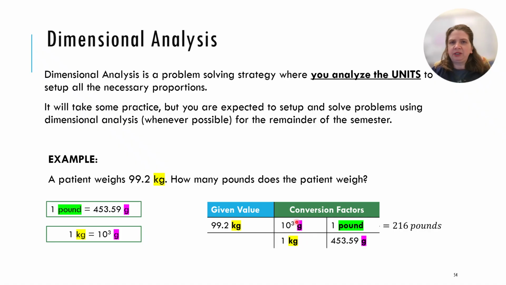Having the same unit in the numerator and the denominator allows these two units to cancel out and become 1. Kilograms cancels with kilograms, grams cancels with grams, and we are left with pounds. Match the numbers from the conversion factors we had earlier. Each conversion factor should be in its own column.